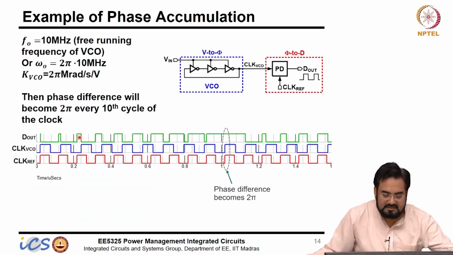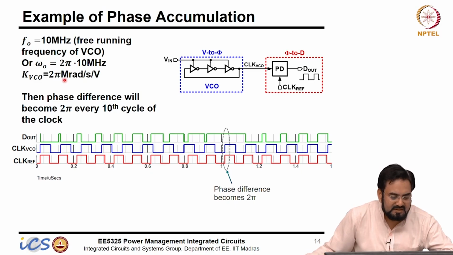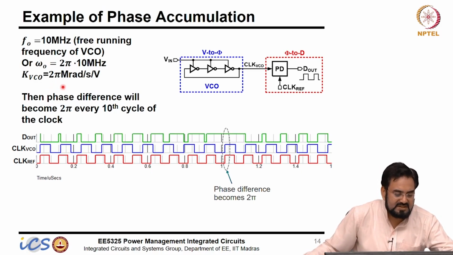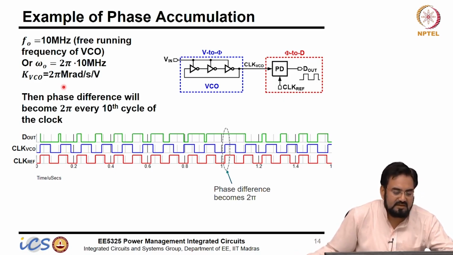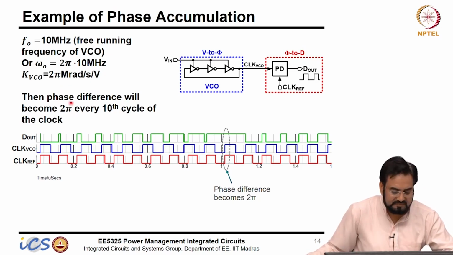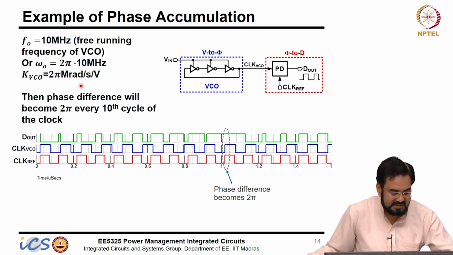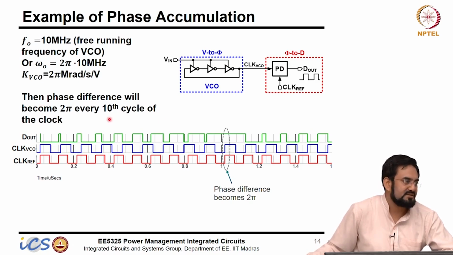And this is how your phase gets accumulated. Let us say the free running frequency of this VCO is 10 megahertz, which is 2 pi times 10 mega radians per second. And if KVCO is 2 pi mega radian per second per volt, which is 1 megahertz per volt, the phase difference will become 2 pi every 10 cycles.